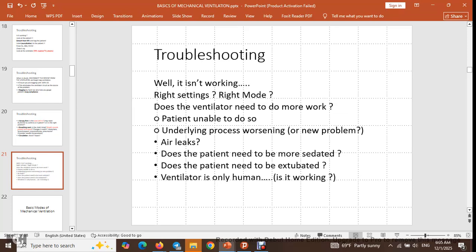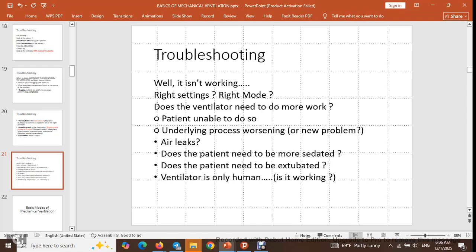If there is an air leak, for example if the ET tube balloon is not inflated, you can inflate it and see. You can also exchange the ET tube using a tube exchanger or a bougie.